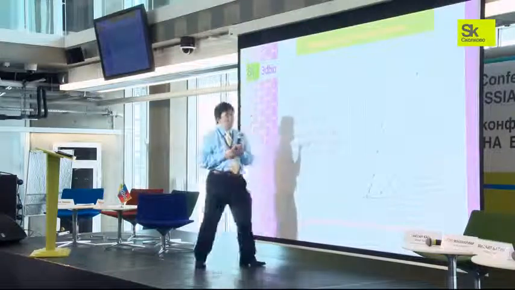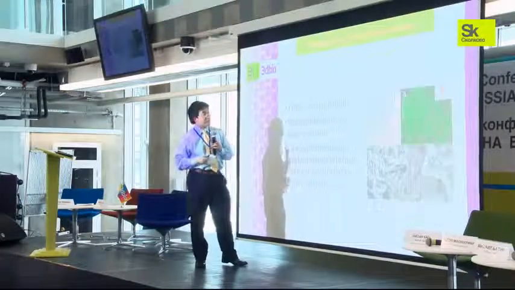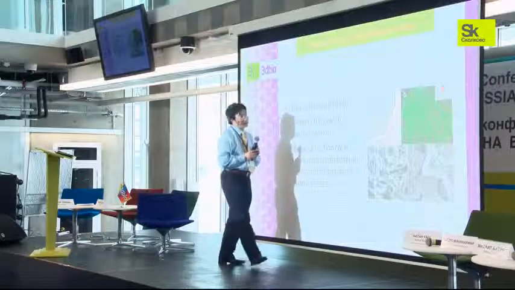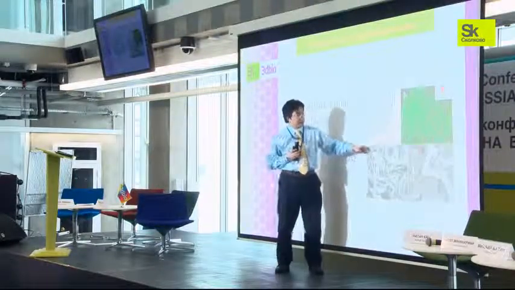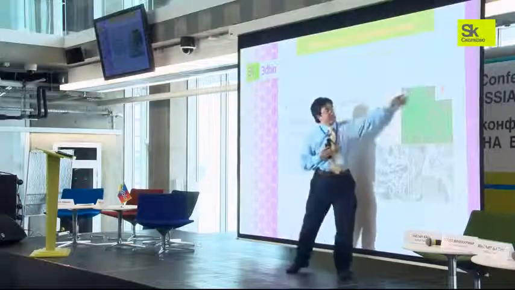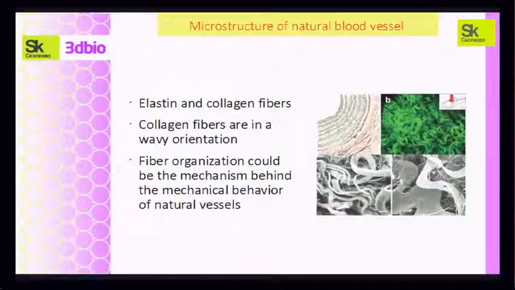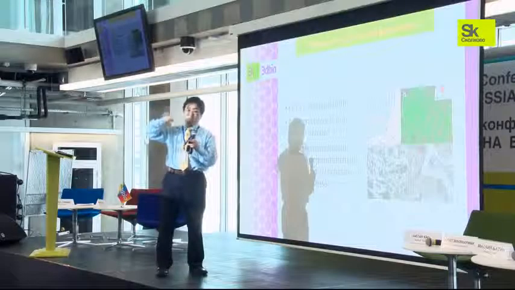If you go further and look at the histological structure, the collagen fibers are actually not straight, they form wavy shapes. So when there's pressure on the vessels, initially the vessels expand, but the collagen fibers do not bear the load because they are wavy structures.